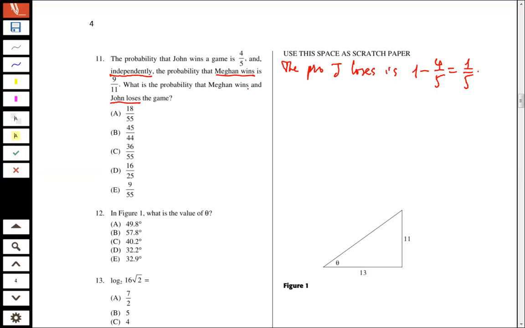Therefore, the probability we need to find, the probability that Megan wins and John loses, equal 9/11 times 1/5 equal 9/55. That is option E.